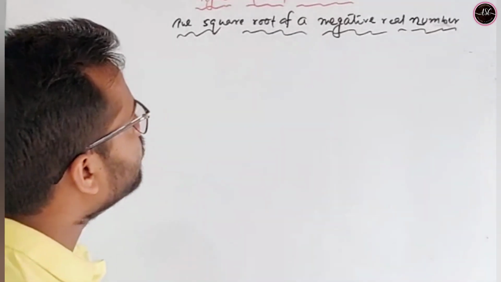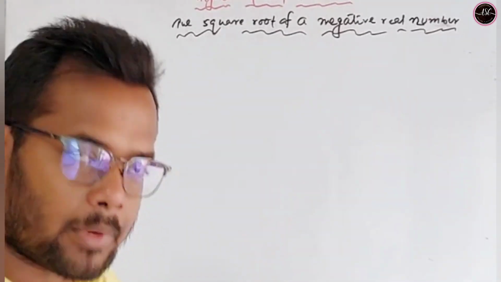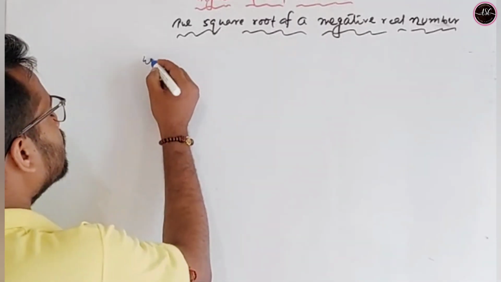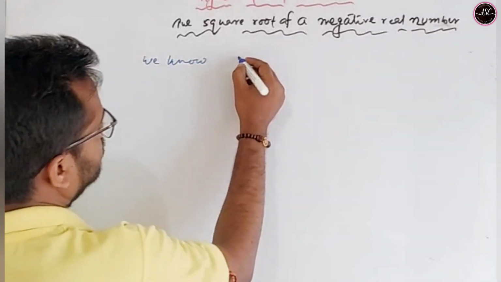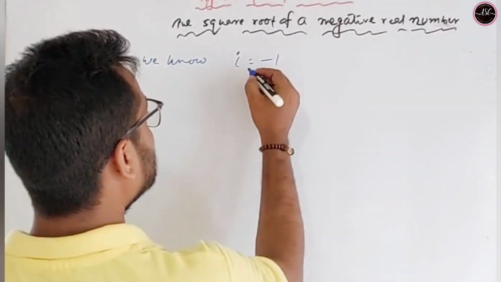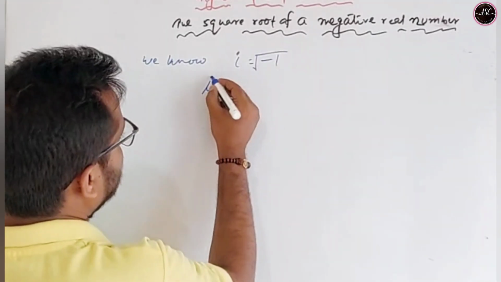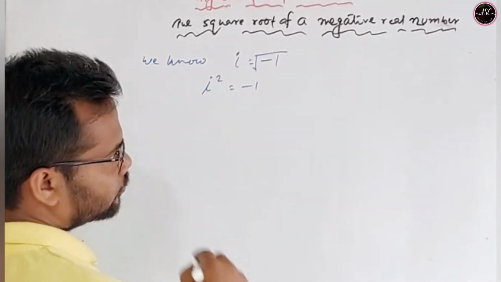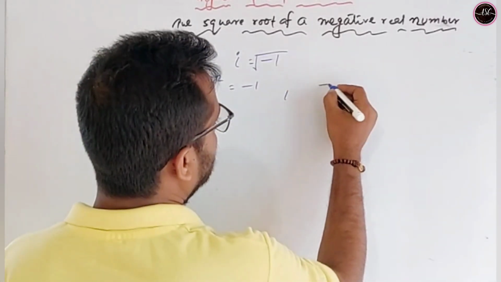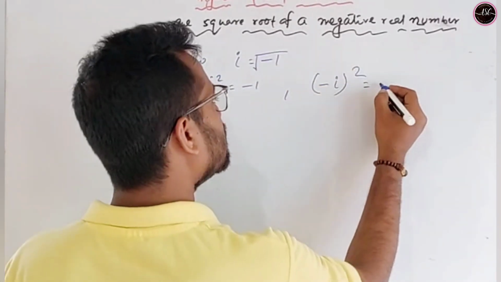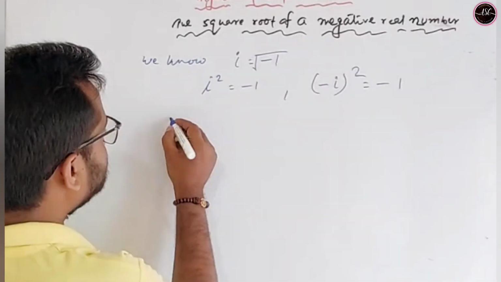Okay, now we will learn the square root of a negative real number. Okay, we know I equal to root of minus 1. So here I square equal to minus 1, and also minus I whole square equal to also minus 1.